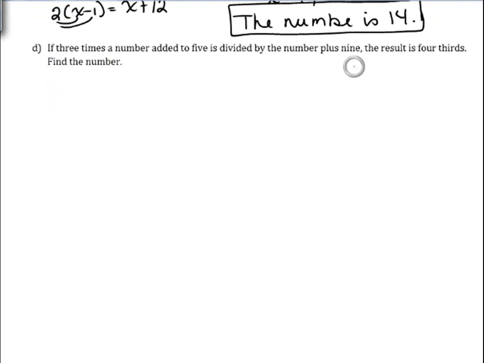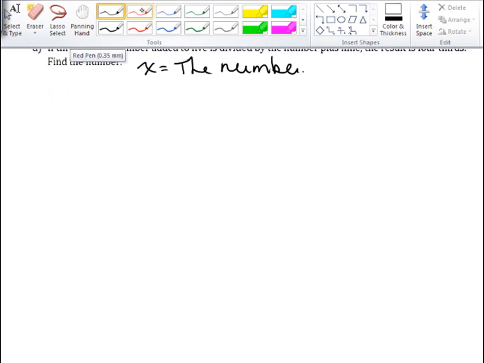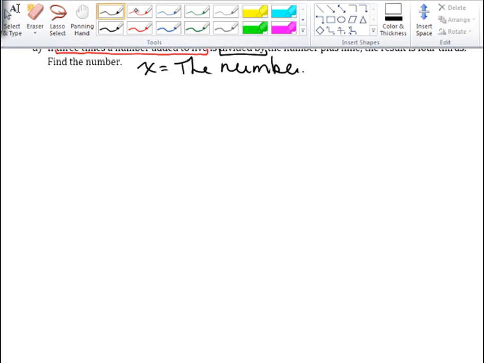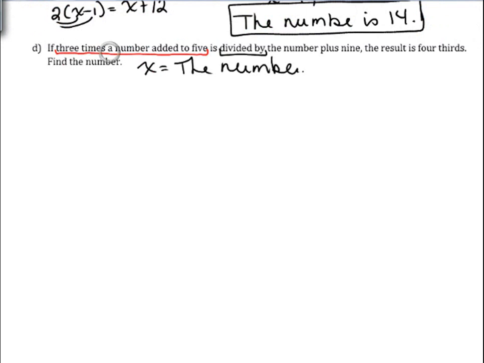In our last word problem here, if 3 times a number added to 5 is divided by the number plus 9, the result is 4/3. Find the number. So again, x is equal to the number. And then we're going to read this through a little bit slower. And we have 3 times a number added to 5. So this is the top of our first fraction because then we have divided by. So the top of our first fraction is going to be 3 times the number, so that's 3x, and then added to 5, so plus 5.